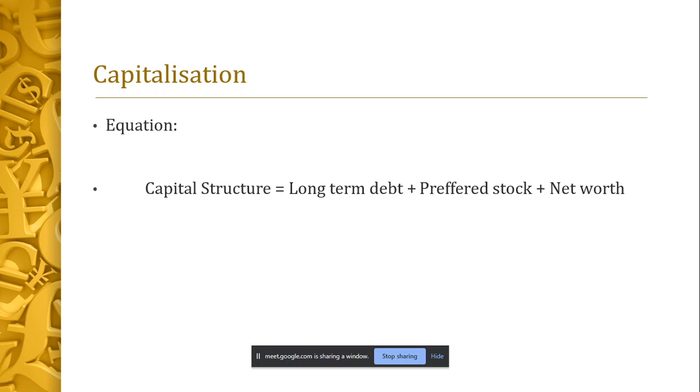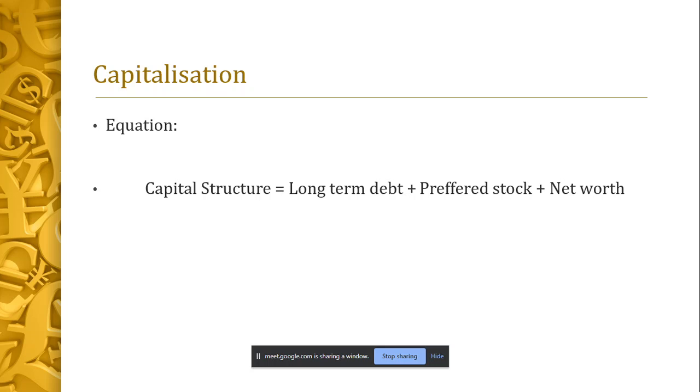When you see the word net, definitely it means your assets minus the liabilities. That is what makes it net worth. It is not the entire worth but the net worth of an organization.